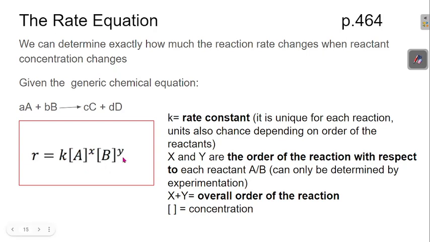x and y, right here, are the order of the reaction with respect to each reactant. x is going to be a number, y is going to be a number.